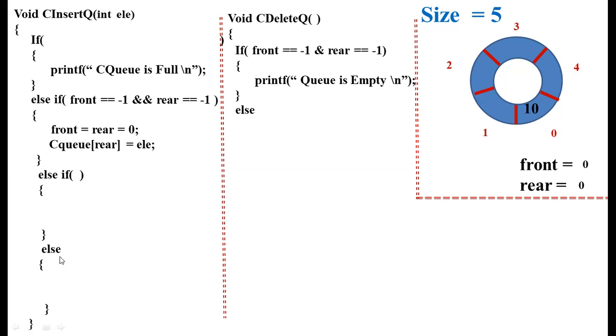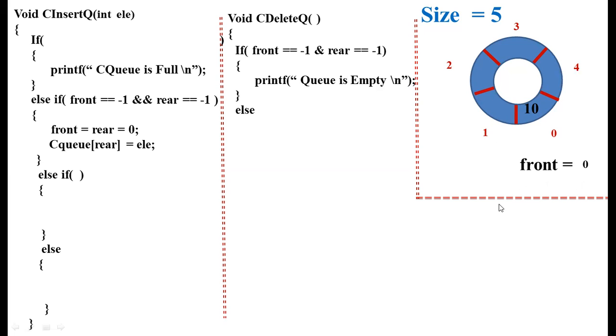So the logic here, what we are going to do is check for else, some more logic, and then go for the end function. After insertion of the first element, if you want to insert the second element, the first step is to increment the rear value. Because the rear is 0, now you want to insert at the next position, so the rear value needs to be incremented.